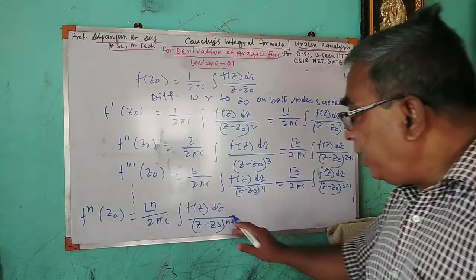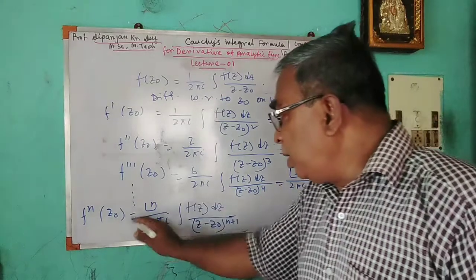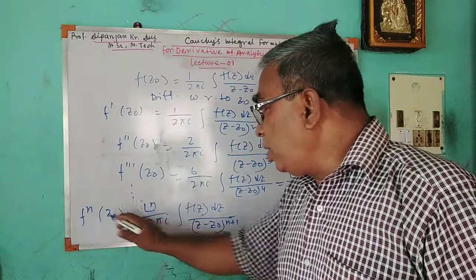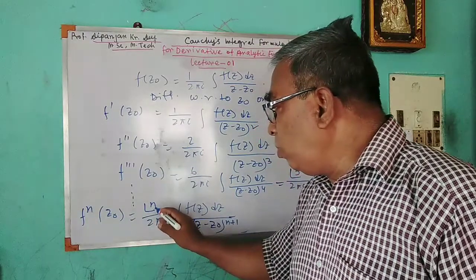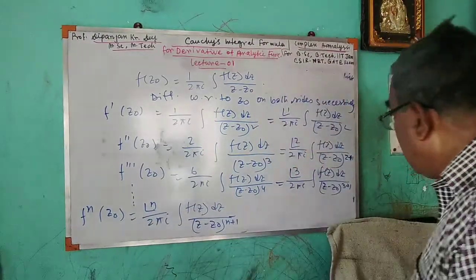Now again, this part can be written as 2 pi i into f^n(z0) by factorial n. So just follow me.